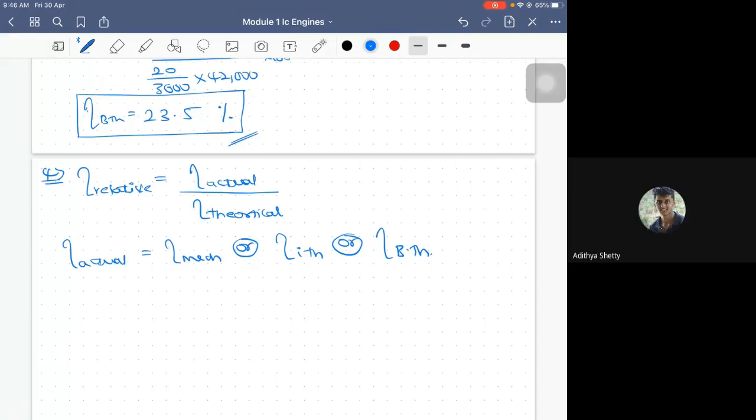We would take brake thermal since we have already calculated it. So, selecting efficiency actual to be efficiency brake thermal, the value which you already got is 23.5%. Now, actual efficiency is done.